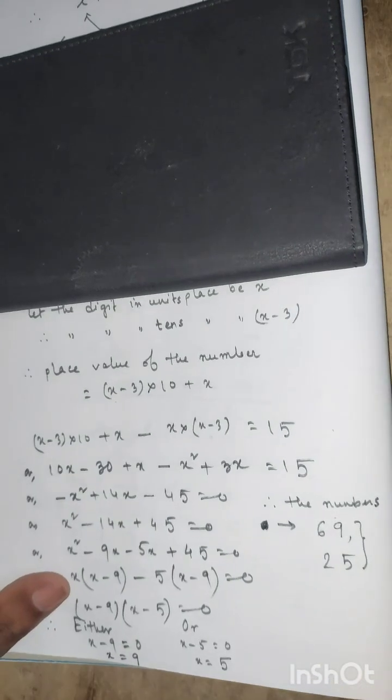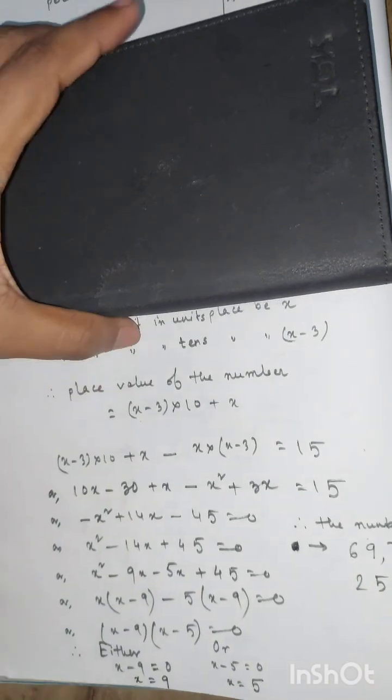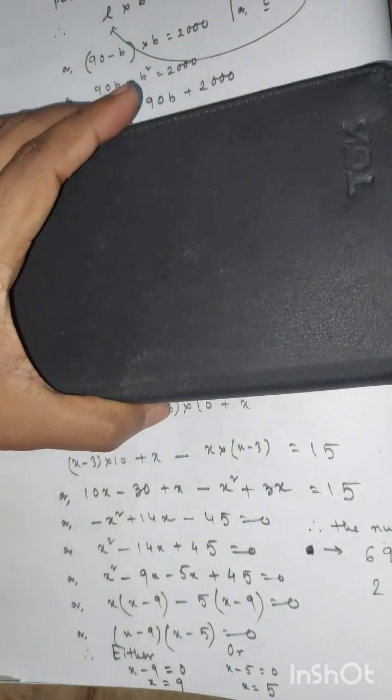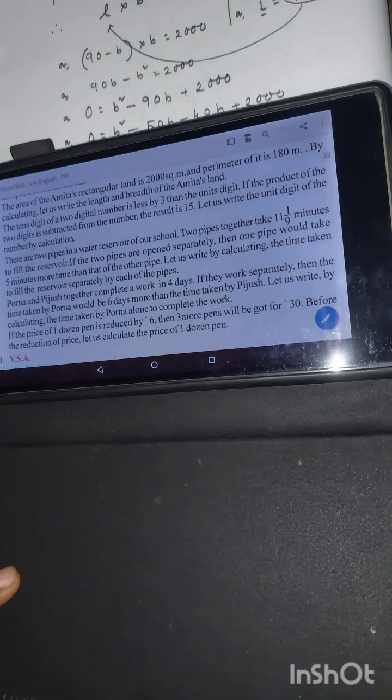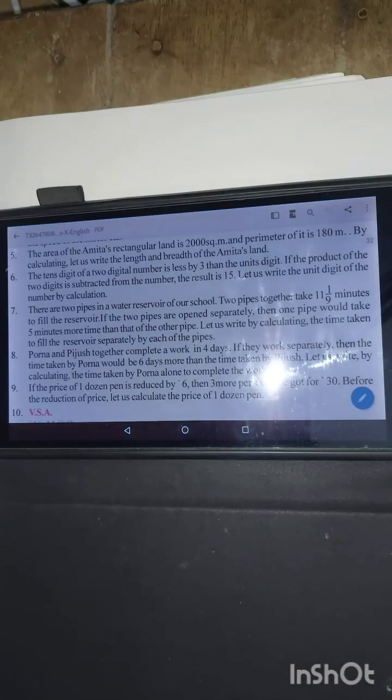Now friends, let us proceed to our next question, that is question number 7. It says there are two pipes in a water reservoir of our school.